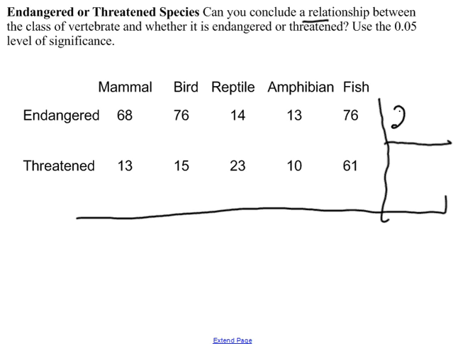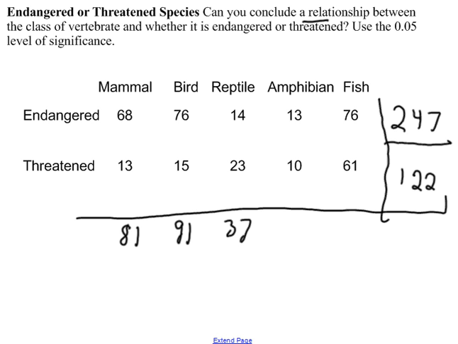This row sum is 247. This row sum, 122. This column, 81. This one, 91. This one, 37.